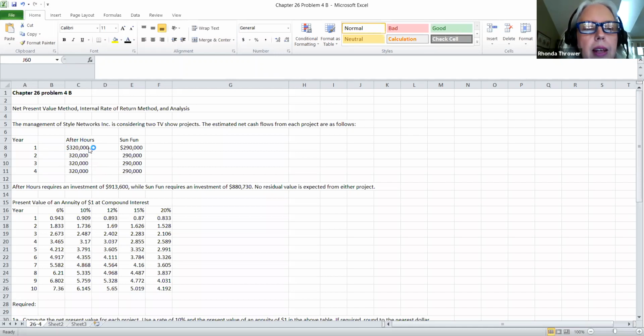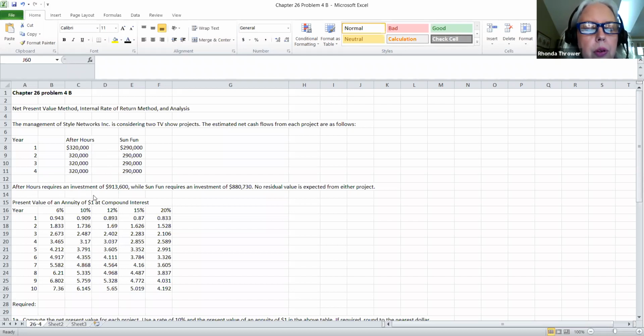If these cash flows were not equal, if they were unequal, then we'd have to use the present value of the dollar table to calculate our present value. But in this case, they're equal amounts, so we can use this annuity table.